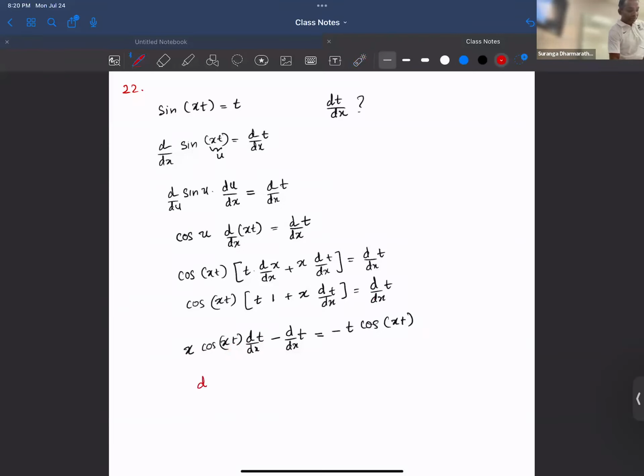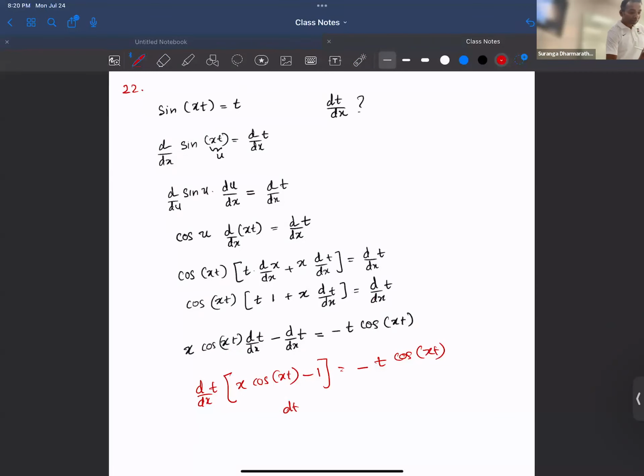So you take d over dx t, sorry, I should have written d over dx t. x times cosine xt minus 1 equals negative t cosine xt.